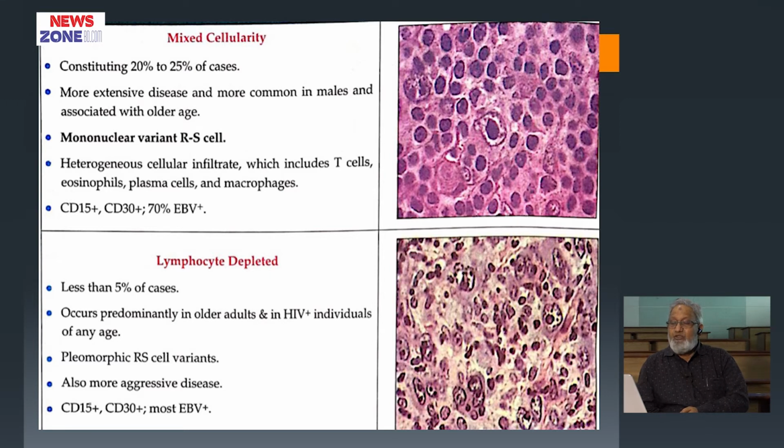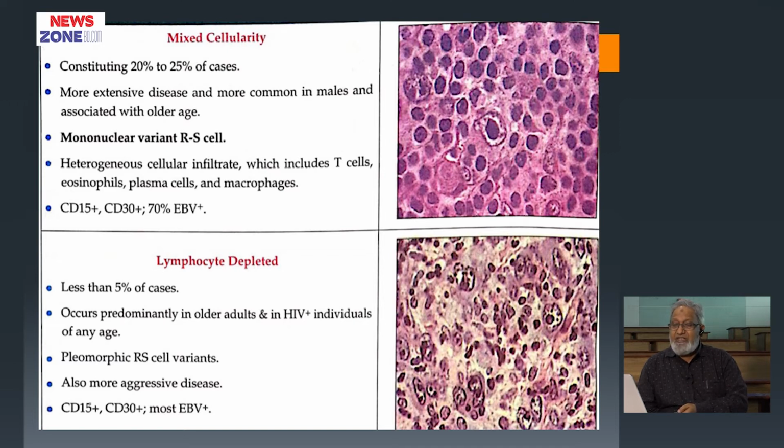You see the picture, mononuclear variants of RS cells, heterogeneous infiltrate which includes T cells, eosinophils, plasma cells, macrophages. So in the background there are a variety of mature lymphocytes or other leukocytes. But in immunohistochemistry, what happens? CD15 is positive, CD30 is positive and Epstein-Barr virus is positive.